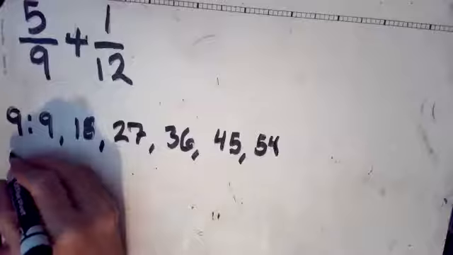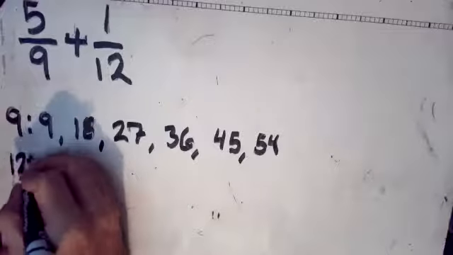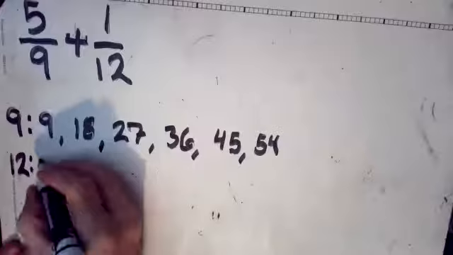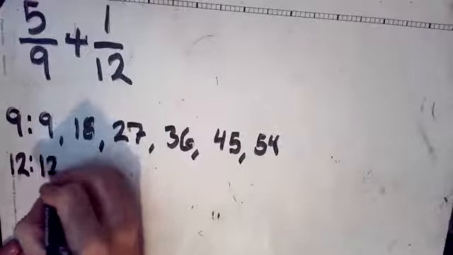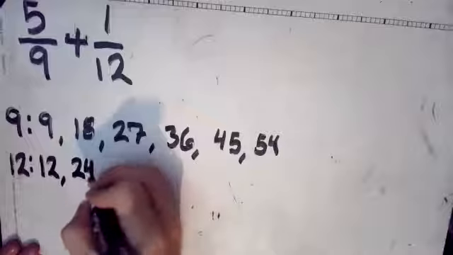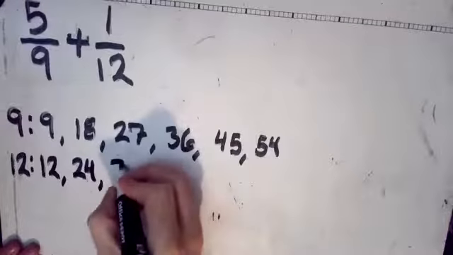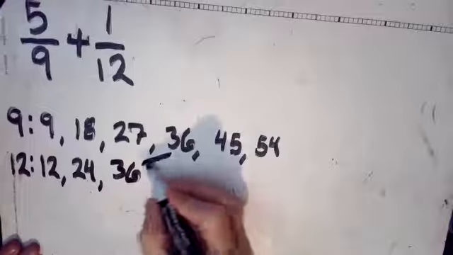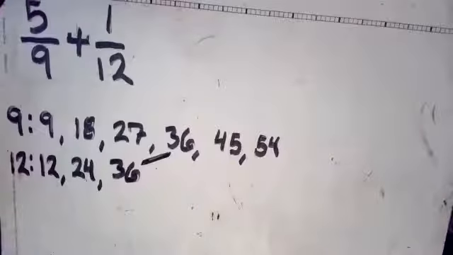And here I'm going to have my 12s. And I'm going to watch to see if I can get any of these. 12, 24, 36, and right there, I've made my connection. So 36 is my lowest common denominator.